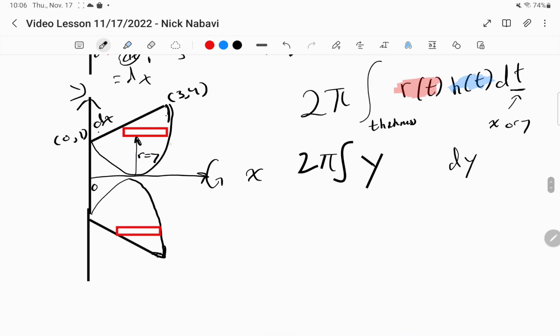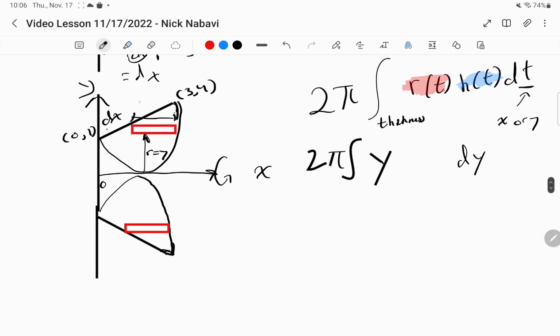Okay, so what about this height? What does the height equal? Well, here it's pretty simple, right? The height is just this minus this. The height in this case is an x distance, not a y distance.